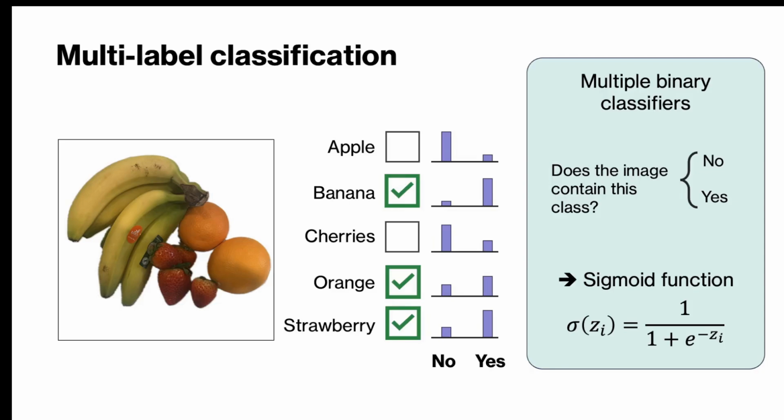However, for multi-label classification, we have to treat each class as a separate binary classification, and we ask this question: does this image contain this class, yes or no? To get the probabilities for this yes and no, we use the sigmoid function, which is 1 divided by 1 plus e to the power of negative z_i, where z_i is the logit associated with class i.